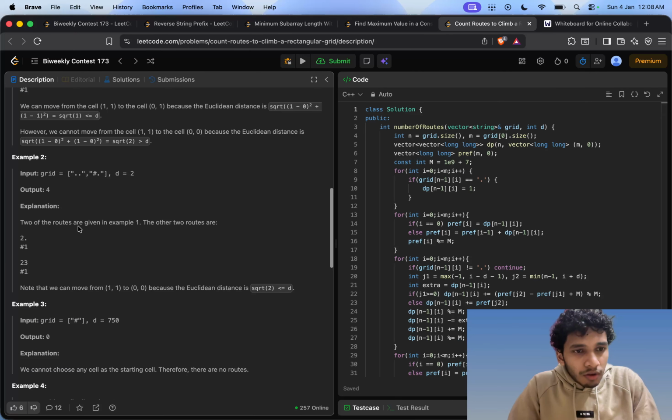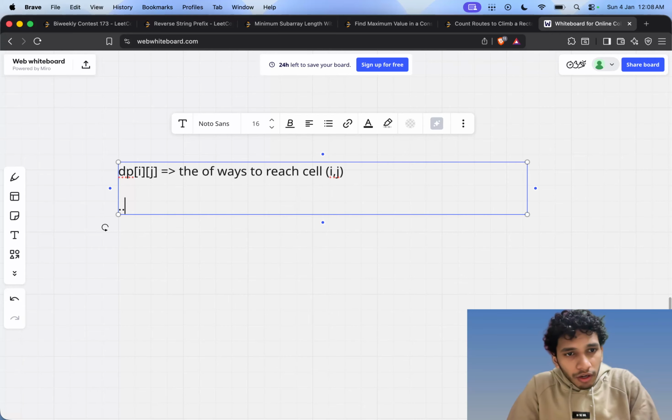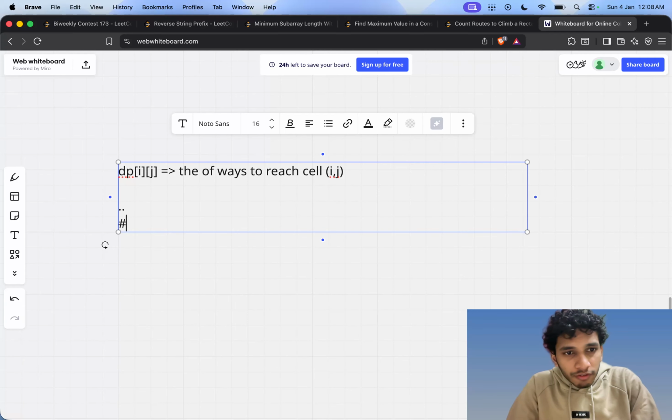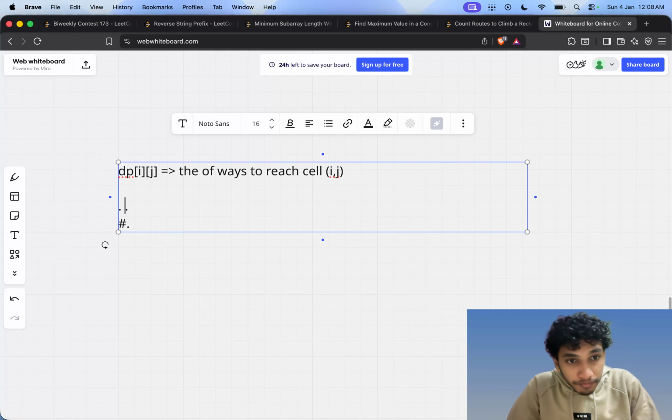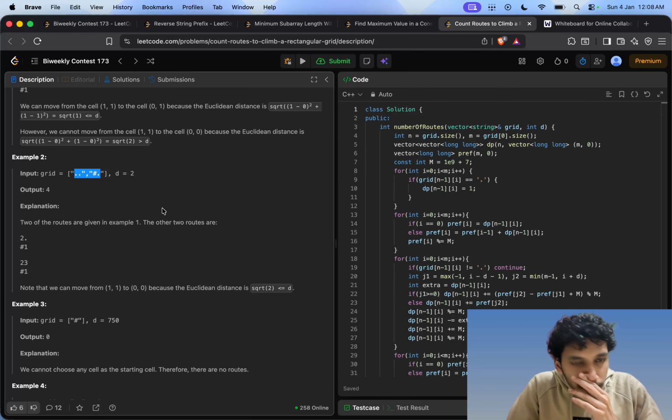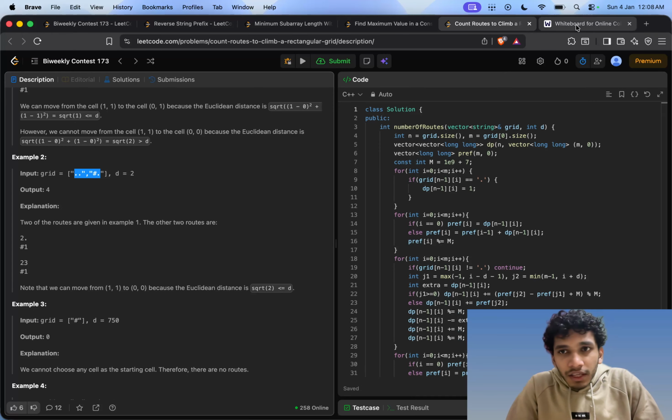It is better if we analyze this test case. What is it? Dot dot followed by hash dot. I'm writing it like this. And d is 2.